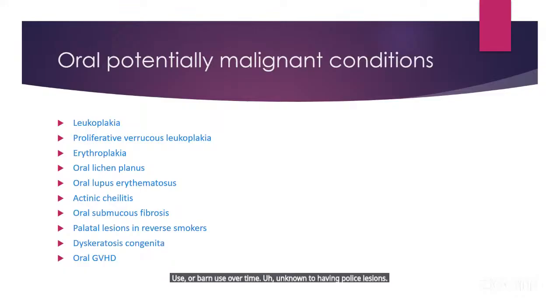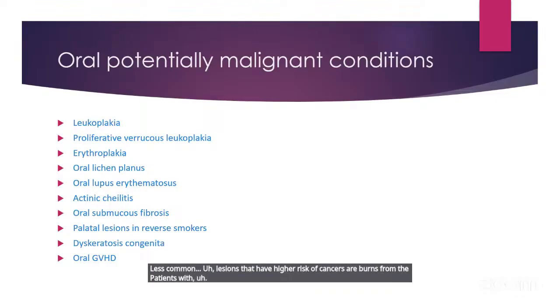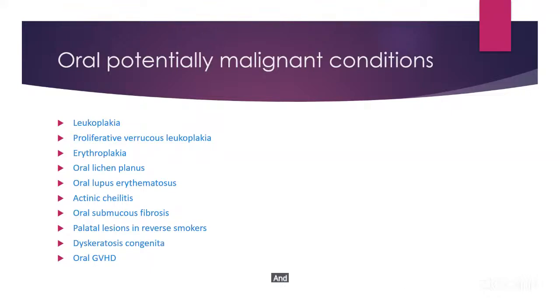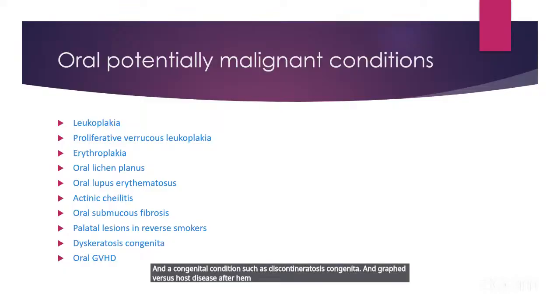Less common lesions that have higher risk of cancers are burns from patients with reverse smoking habits, where they put the lit end of the cigarette into their mouth, and congenital conditions such as dyskeratosis congenita, and graft versus host disease after hematological bone marrow transplant.